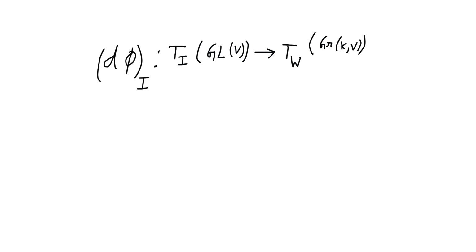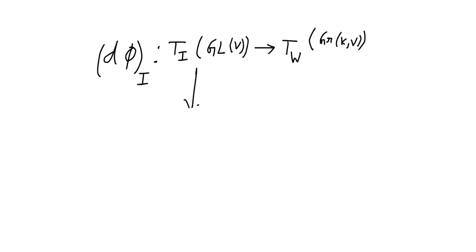But what is this T_I of GL(V)? That is nothing but End V. This is a basic exercise that you should do on your own. In the Lie group terminology, the Lie algebra of the Lie group GL(V) is just End V. This is just the endomorphisms of V.